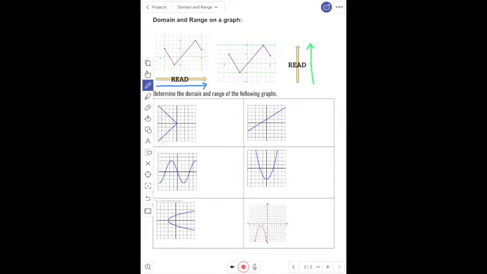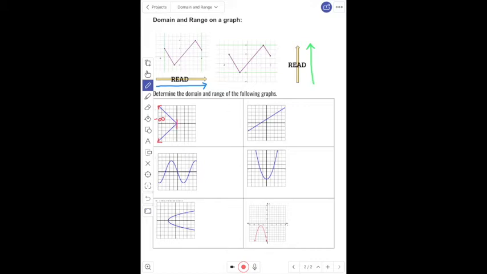Okay, so I'm going to go ahead and start identifying these pieces here. If I'm looking at this graph, I would consider these arrows because the graph is going to keep going. So I'm coming from -infinity because it's going to keep going.